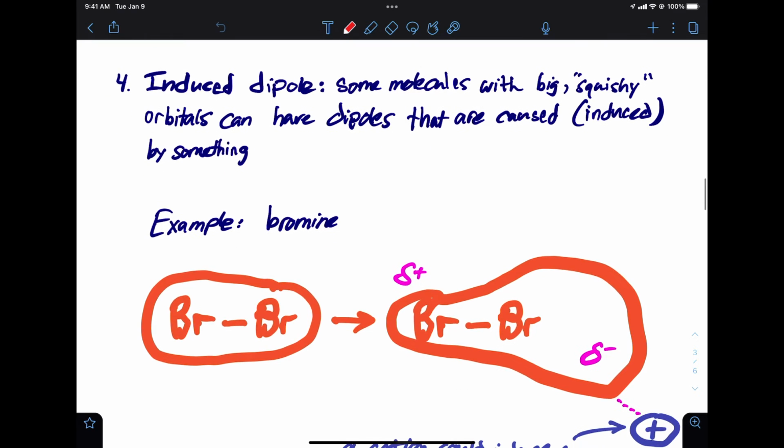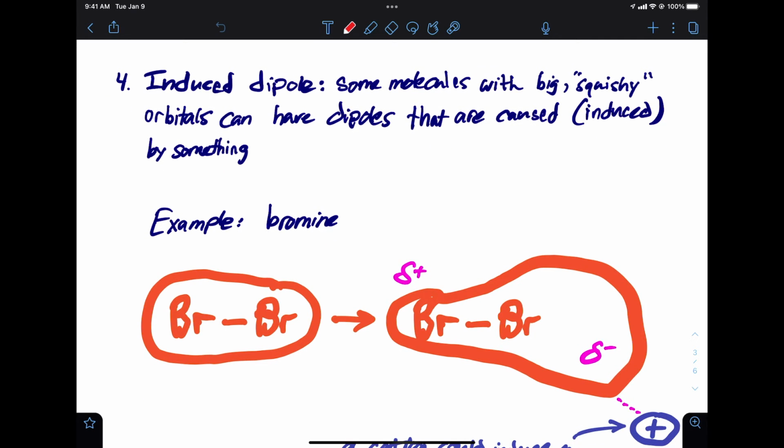There are some molecules that are nonpolar. They have nonpolar bonds, but they can be induced into a polar state. Okay, and so usually these are molecules that have big, squishy, is the term I like to use, electron shells. Like, for example, bromine, Br2.